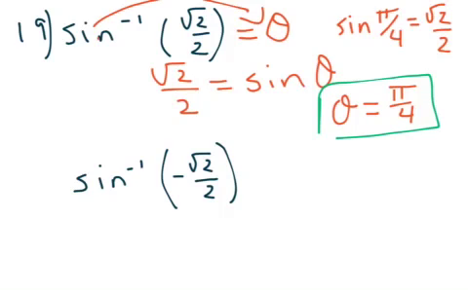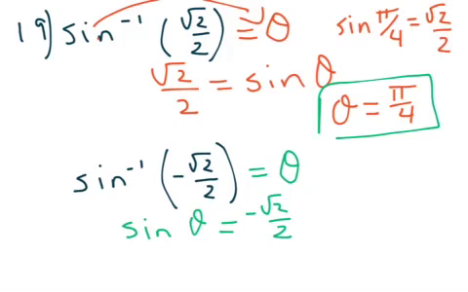Now let's try another where we had negative root 2 over 2. If you look on your big unit circle chart, you'll notice that sine of theta equals negative root 2 over 2, and theta would be 7 pi over 4. But we can't go around the circle because this is inverse.